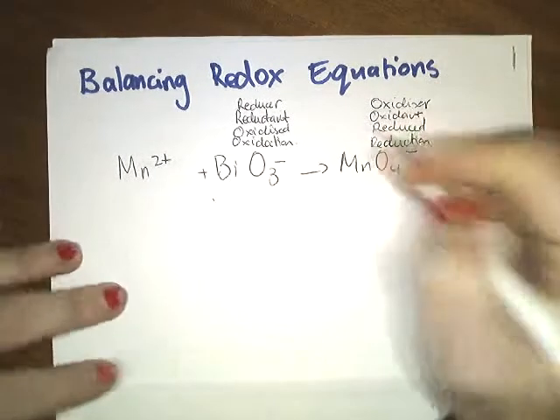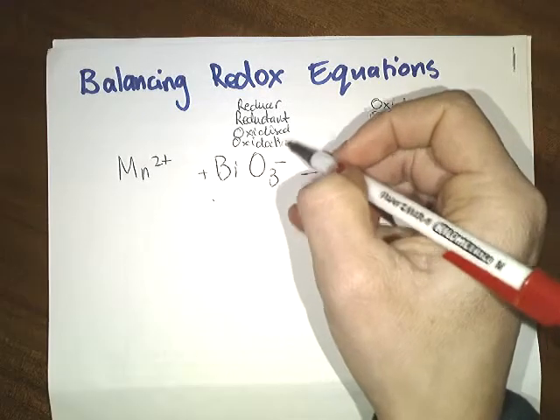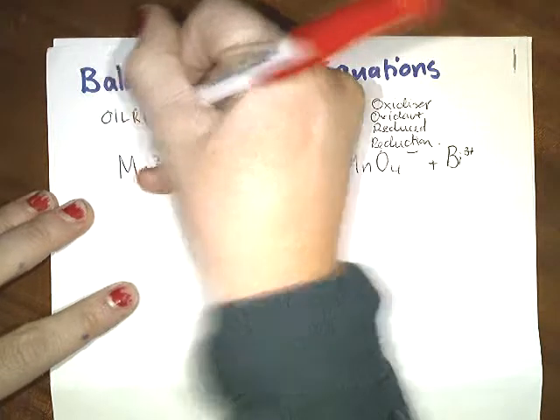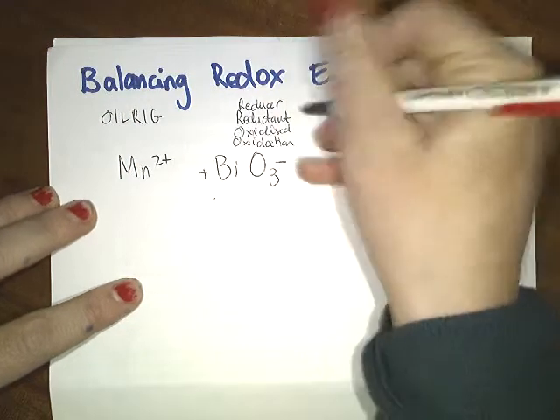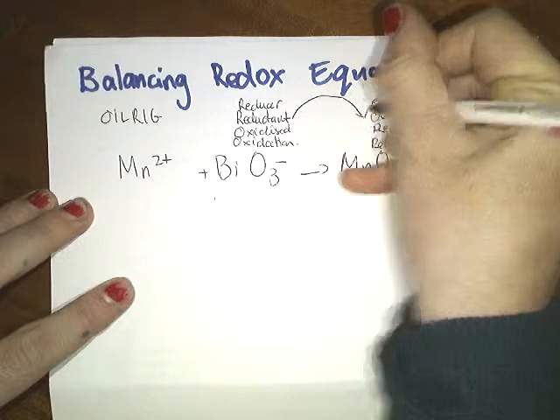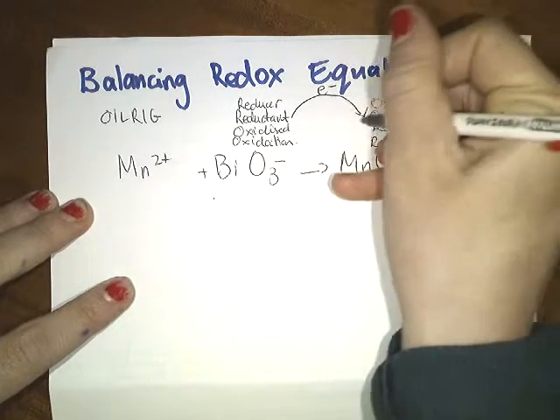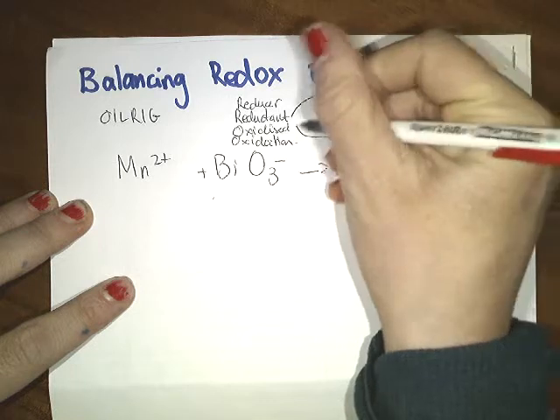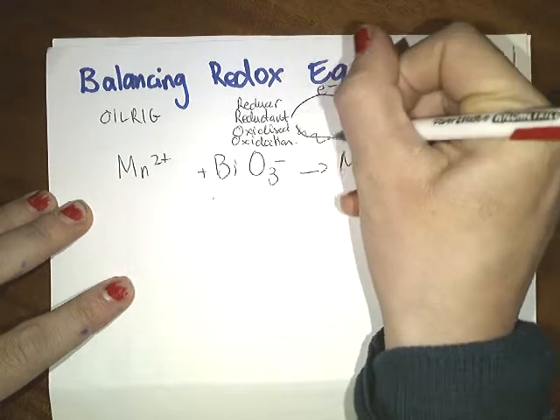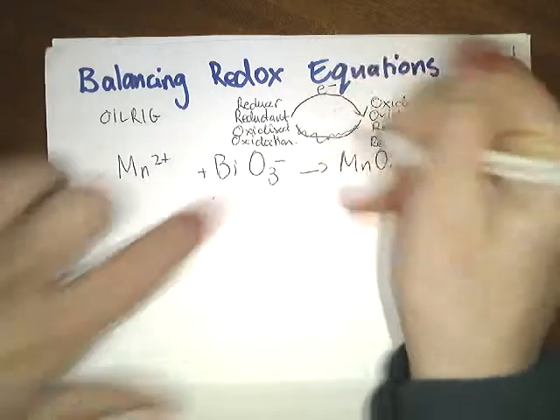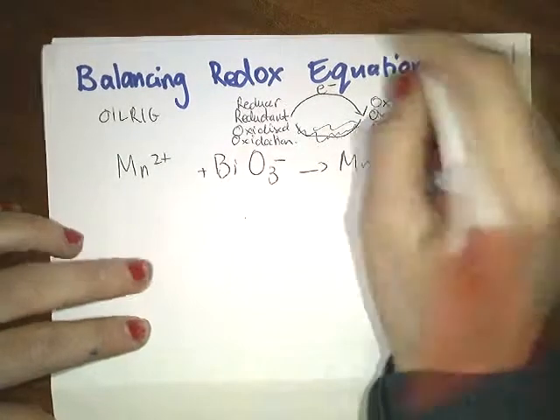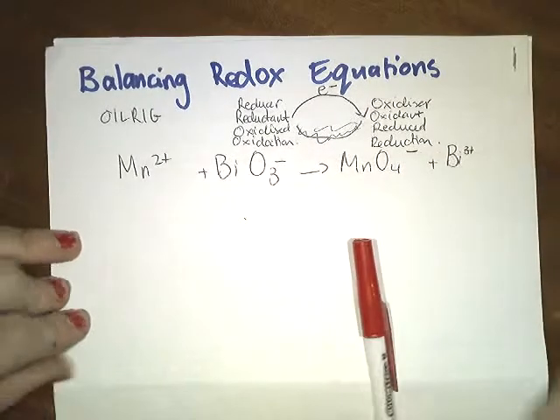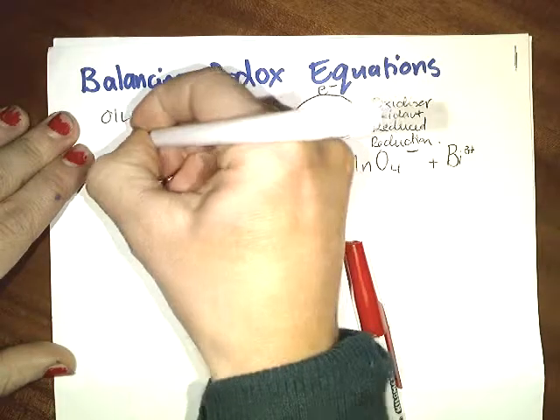Okay, so because the reducer is oxidized and OIL RIG, oxidation is loss of electrons, the electrons go this way from reductant to oxidant. These gain electrons.